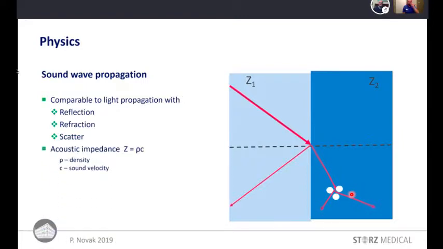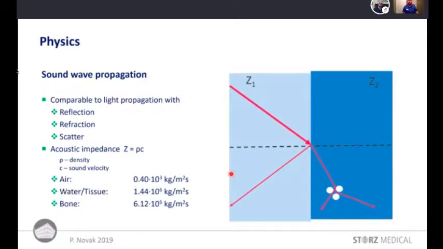For us, it's important that the acoustic impedance is different, especially between the tissue and the bones, or tissue and stones, like in lithotripsy. And of course, tissue to the air, because tissue is basically very similar to water, and thus everything coming through the air is strongly attenuated and reflected.